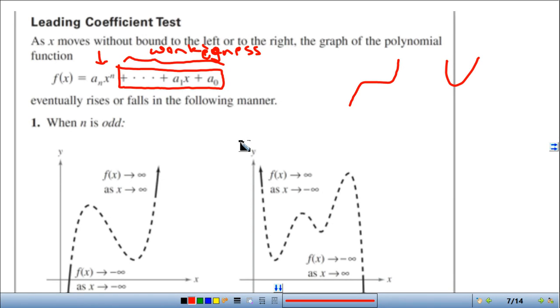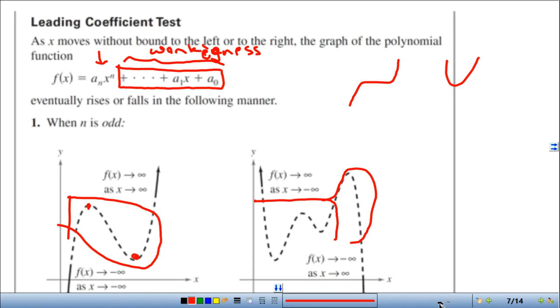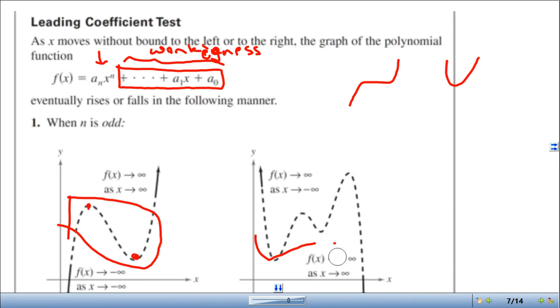And what I mean when I say it adds wonkiness is it adds to the middle the wobbles, the maximums, the minimums. It adds the weird stuff that goes on all throughout here. Okay, so those terms add our wonkiness, but the shape is determined by the first term, the leading term.